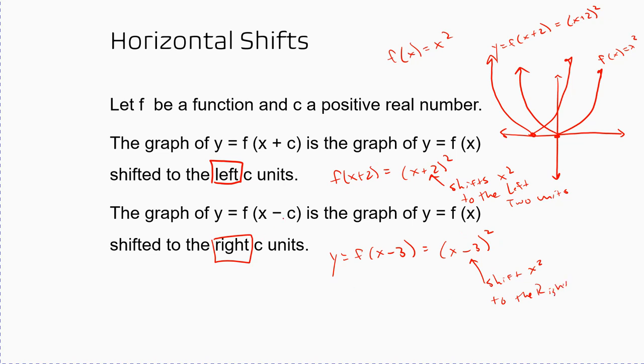In this case, c units. Well, my number here is 3 units. So you would literally take the graph, and f of x minus 3 would be x minus 3 squared. You're just shifting to the right here.